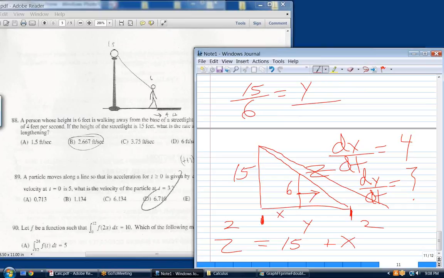In other words, this dimension right here is y minus x. Okay, that's a true statement, and that's going to get it done.